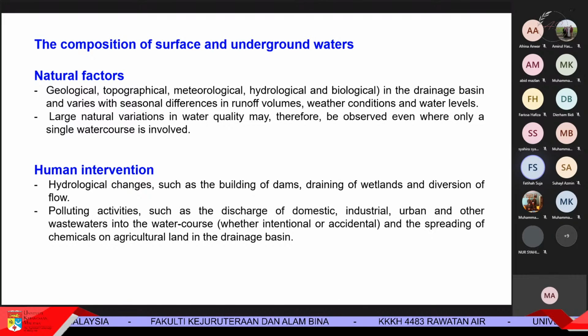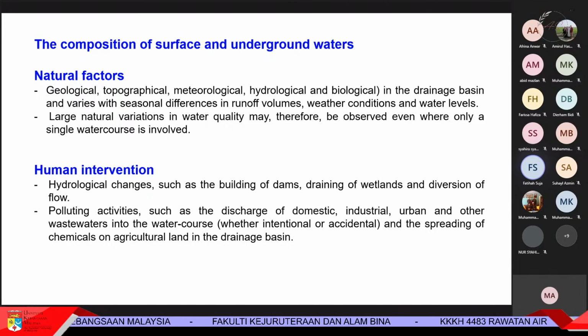Okay, and you also have polluting activities like industrial, urban, and other wastewaters into the water course, whether intentional or accidental, like the spreading of chemicals on agricultural land and in the drainage basin. Okay.